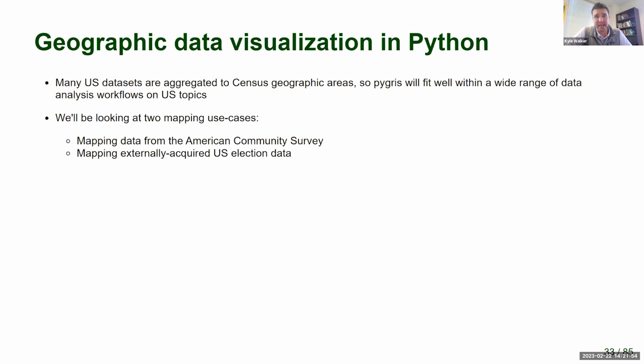We will then look at a more complex example that is of extraordinary interest. I'm hopeful that this will be helpful to you, because it's traditionally not an easy thing to do, even though it seems like it should be, and that's mapping election data.